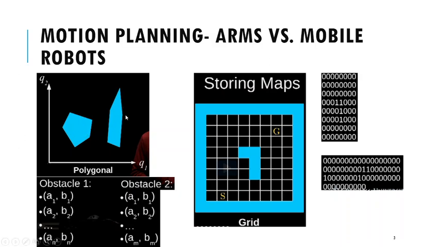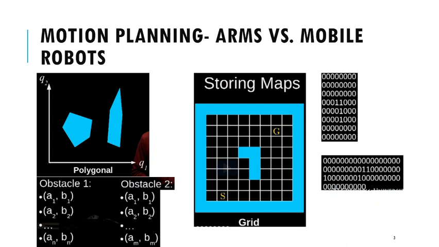Similarly for other furniture also you can have. So you have the coordinates for all those 5 vertices that define this polygon. And here's another obstacle. This is one way to represent a map, okay. So this is the polygonal way of representing a map, and how we write the obstacles and all that I have already explained in the last lecture.